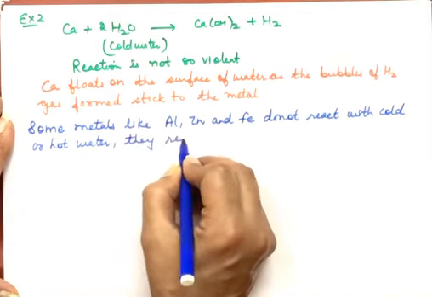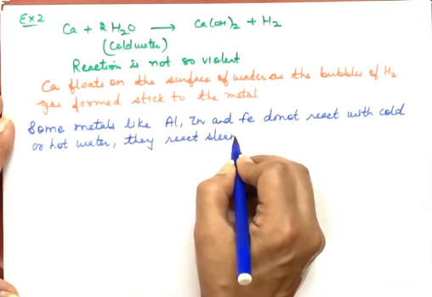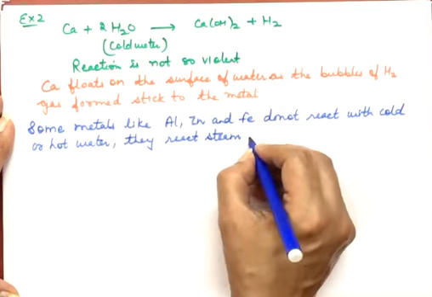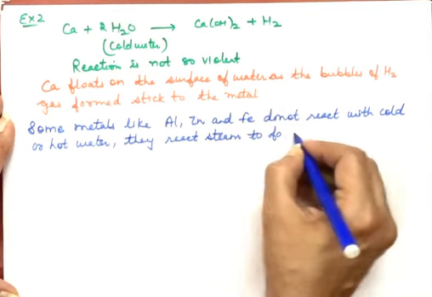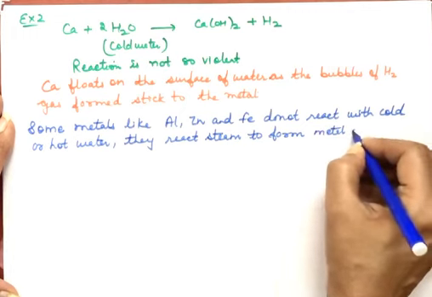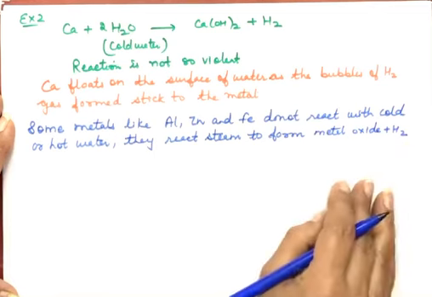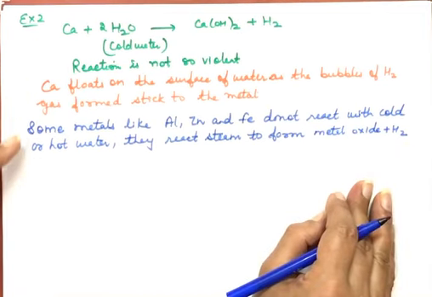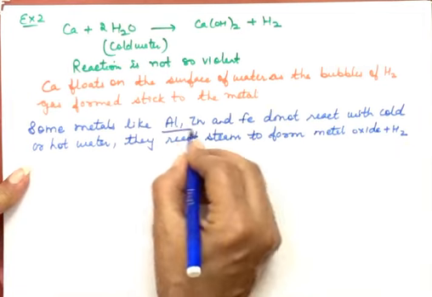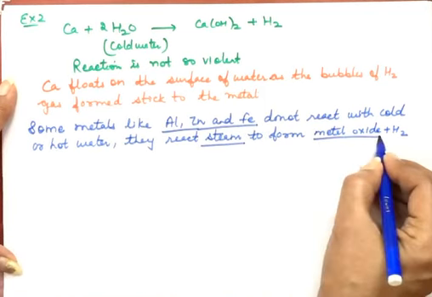That shows that these metals are less reactive than sodium, potassium, calcium and magnesium. They form the metal oxide. So remember which metals form hydroxides with water: sodium, potassium, calcium and magnesium. While aluminium, zinc and iron, with steam, form metal oxides.